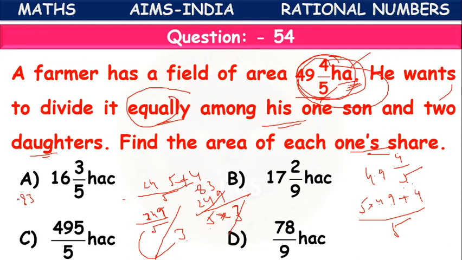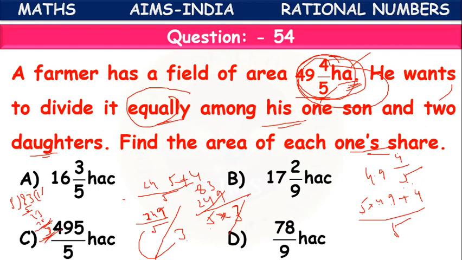So here 83 is there. We have 5. 5 1 is 5, 33. 5 6 times 30. What is remaining? 3 is remaining, children.